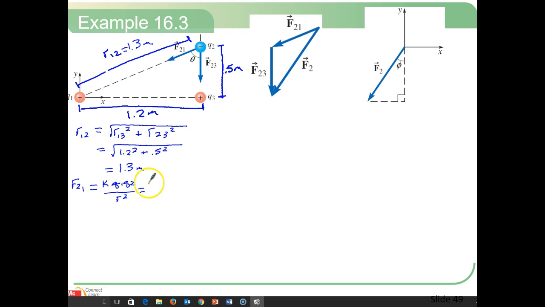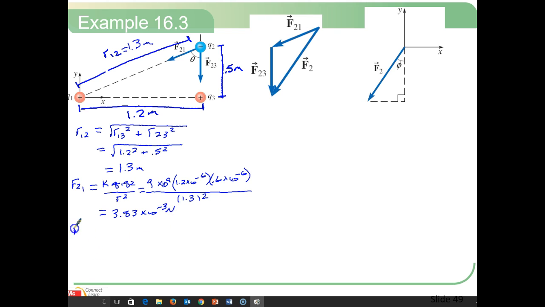Your book uses 8.99 for k; I'm just going to use 9 times 10 to the 9th, times Q1, which is 1.2 times 10 to the negative 6th, times 0.6 times 10 to the negative 6th, divided by the distance we just found, 1.3 squared. That value ends up being 3.83 times 10 to the negative 3rd newtons.